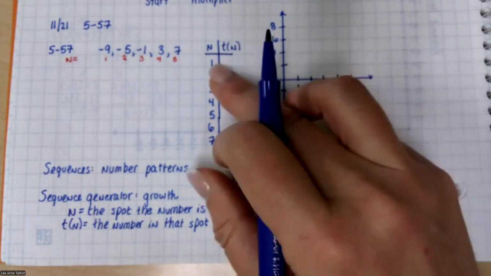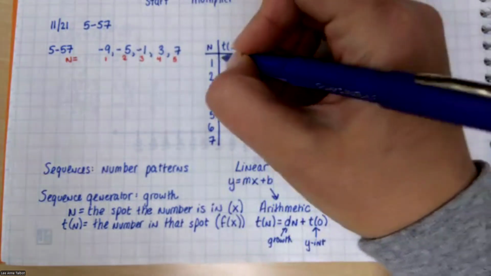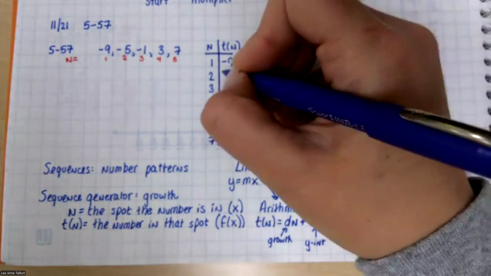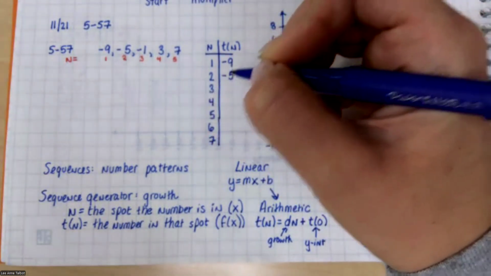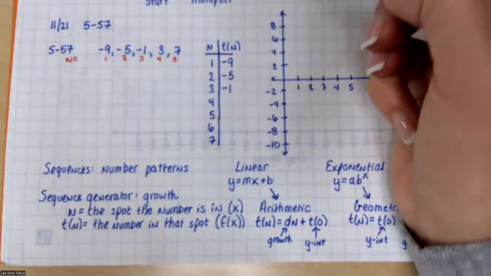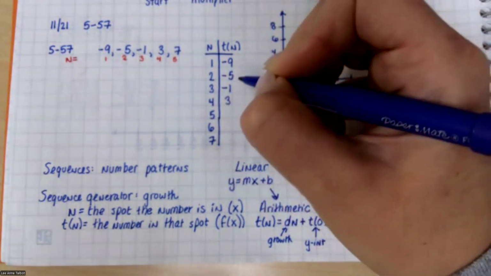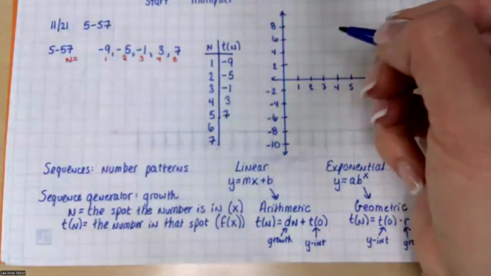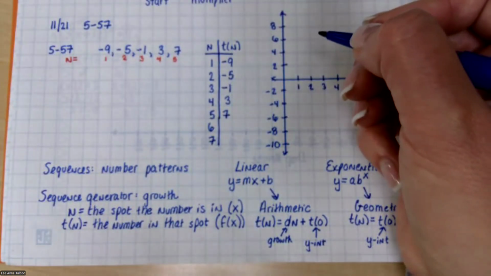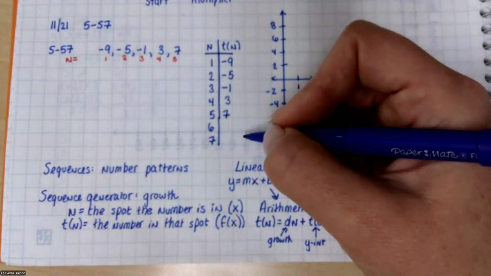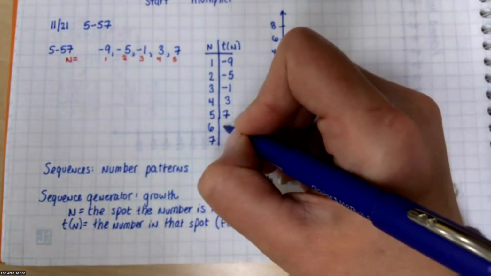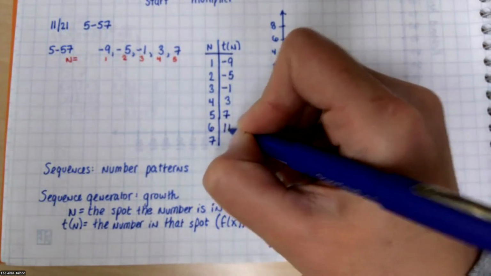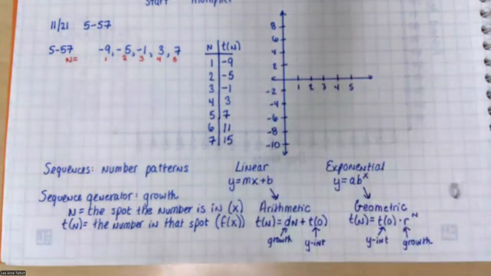In the first spot is -9. In the second spot is -5. In the third spot is -1. In the fourth spot is 3. In the fifth spot is 7. So what's the next one? 11. Great. And then what's the next one? Excellent.